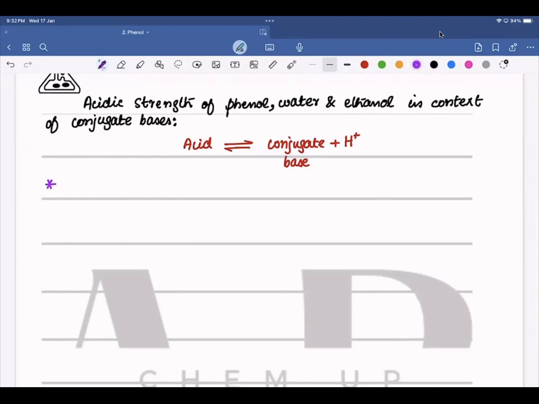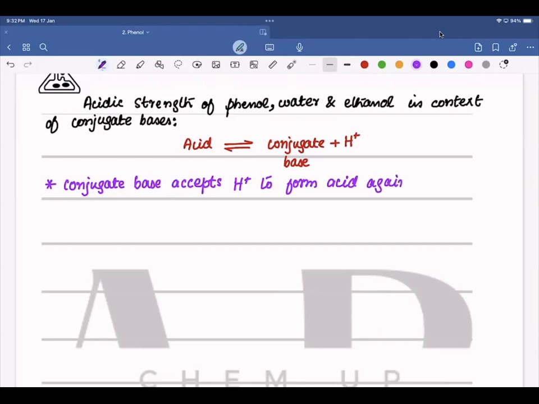When a conjugate base undergoes a reaction, what will it do? That conjugate base accepts a hydrogen ion to form the acid again. So that is how a conjugate base reacts.